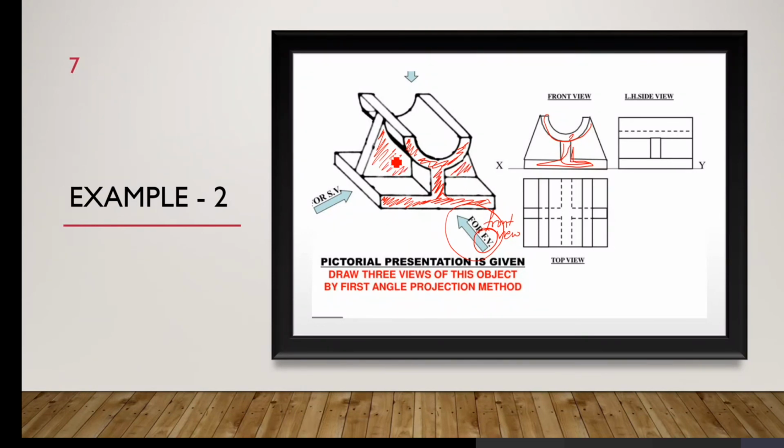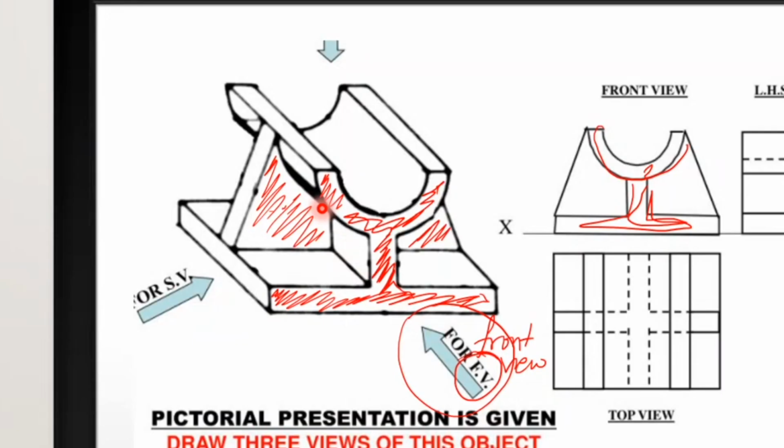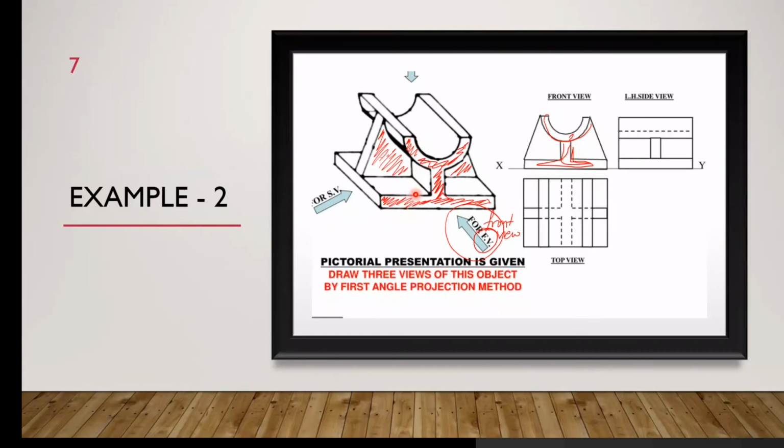Because if you observe this, in front of this particular surface, there is no other surface here. There is a cut part. So you can see from here till that surface, there is no obstruction for the view. Since there is no obstruction for the view, this will also be visible in the front view, which should be shown here, which is shown here already.